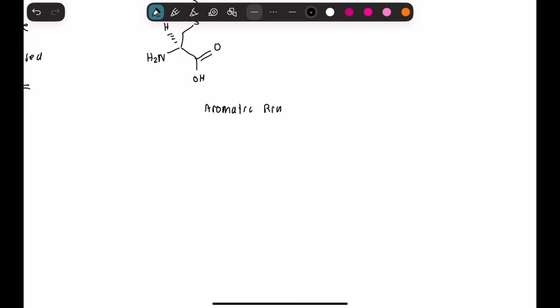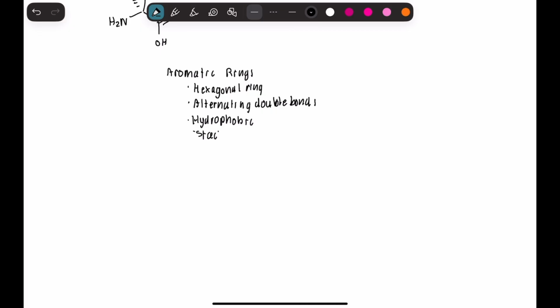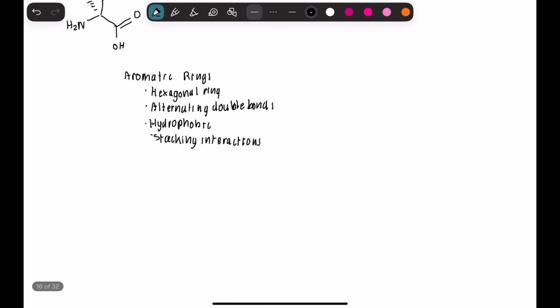Now for aromatic rings. This is going to be a hexagonal ring with alternating double bonds. It's hydrophobic, and it also has stacking interactions. And overall, just think about its binding structure and also signaling.